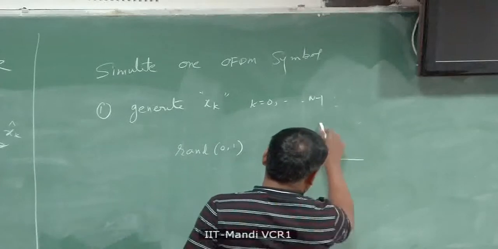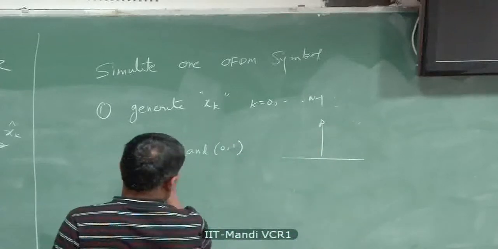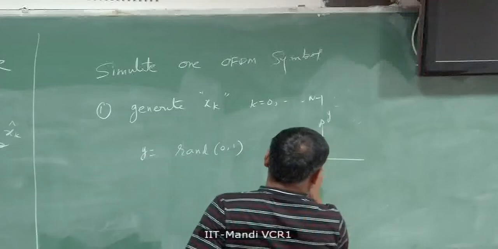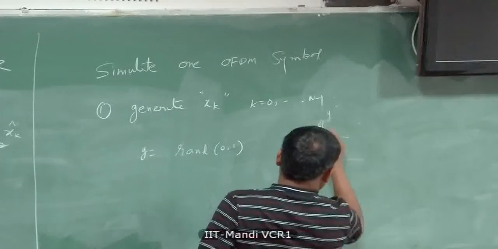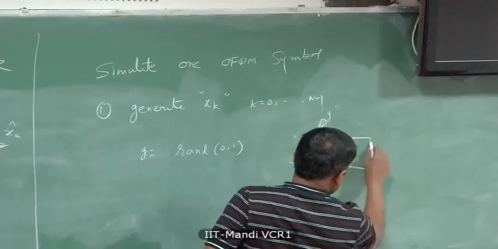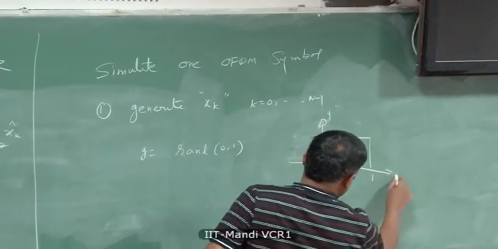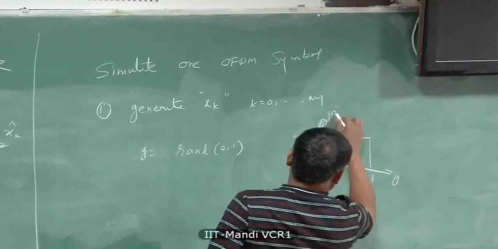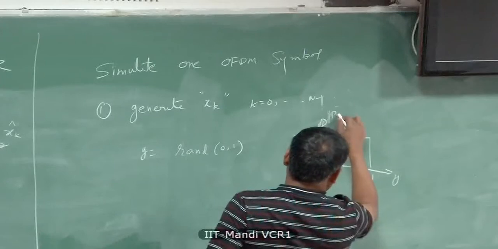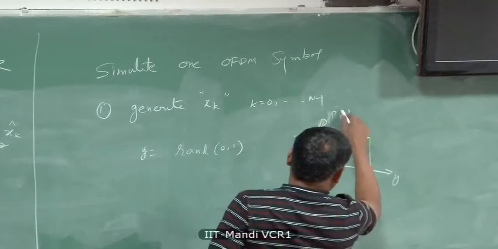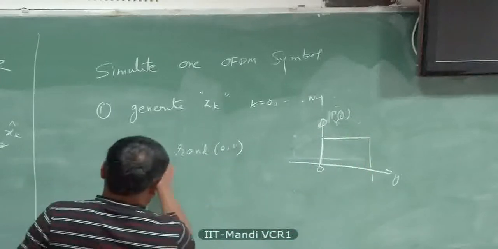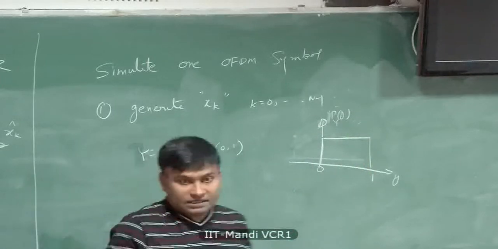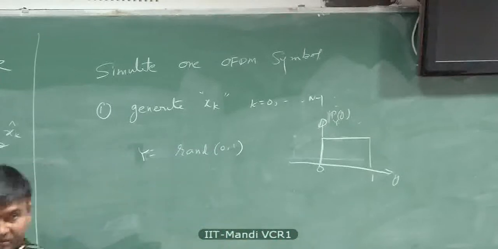The distribution of this random variable, let's say y, some random variable y. This is a uniform random variable, uniformly distributed between 0 and 1.